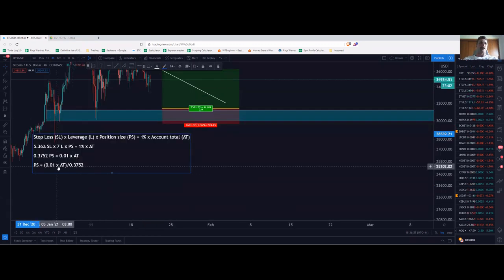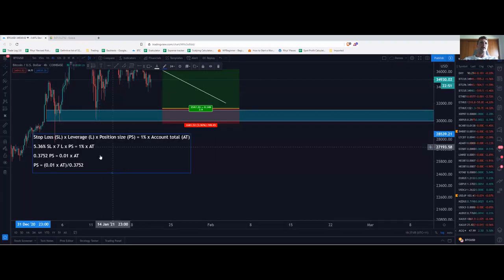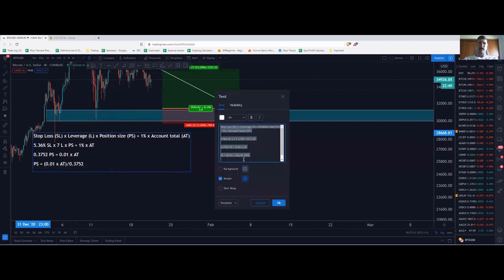Now we can simplify this further, because we can divide the 0.01 by the 0.3752. I've done that here, and we got 0.026652452. So we now know that our position size should equal 0.0267 times account total.